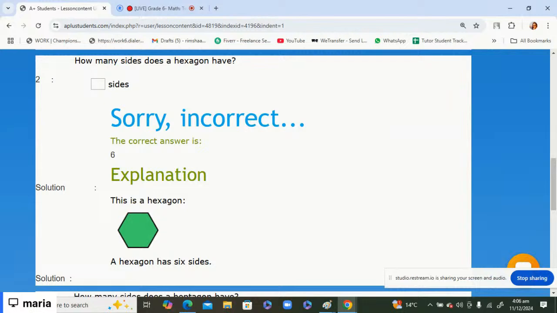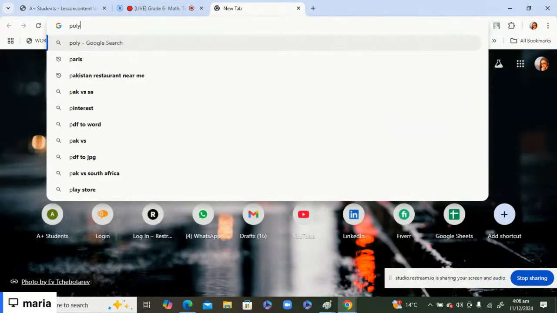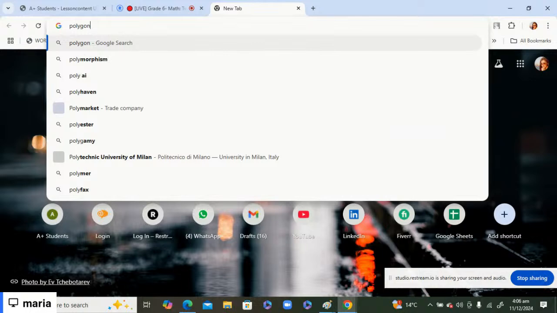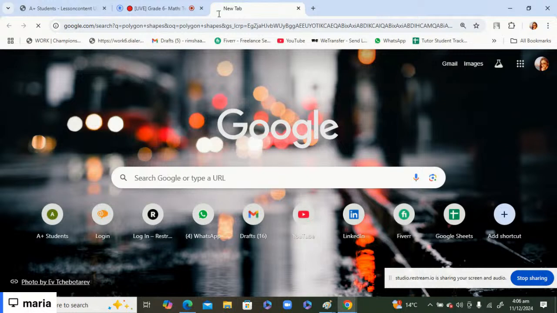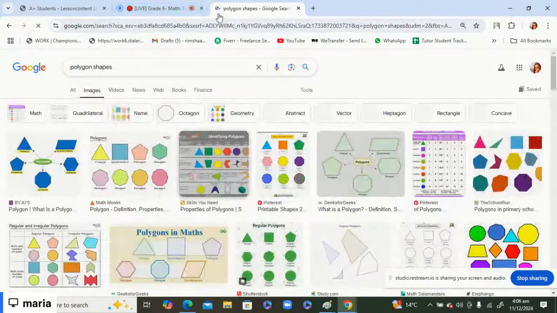As we know, you write down that a hexagon has 6 sides. How many total sides does a hexagon have? There are 6 sides. Let's write the polygon shapes. So this is one type of a lot of figures that are involved.